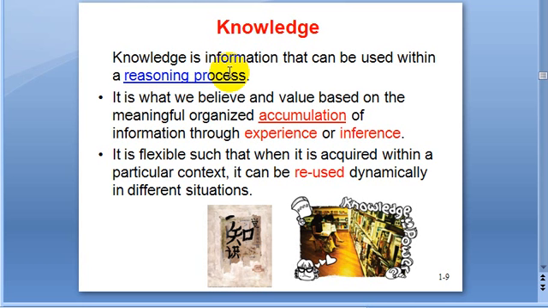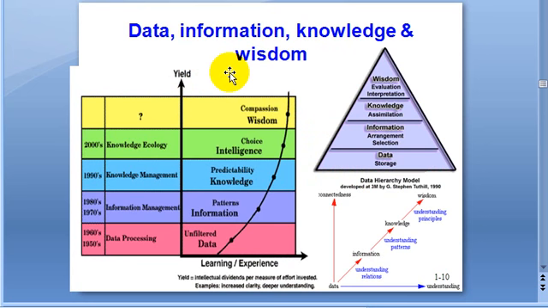Knowledge is more than information, because it goes through a reasoning process, an accumulation of experience or influence. So through a reasoning process, you develop your own knowledge, you create your new concept on top of the information that in turn is derived from the long random data.